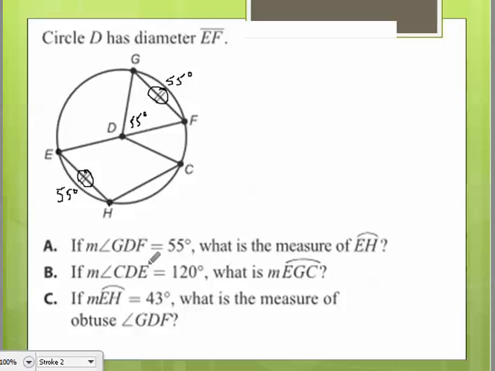Now they're saying if angle CDE, that's this angle right here, is 120 degrees, what's the measure of arc EGC? Well, this is 120 degrees.